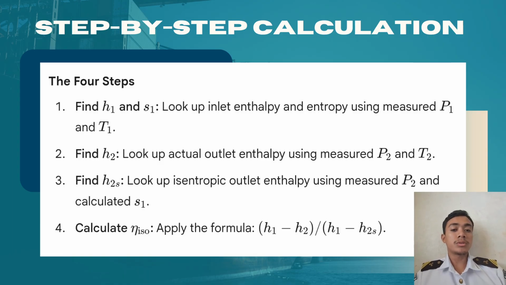For this, we use the actual outlet pressure P2, but we pair it with the inlet entropy S1 because entropy remains constant in the ideal scenario. Once these three enthalpies are derived, Step 4 is a simple plug and chug calculation.